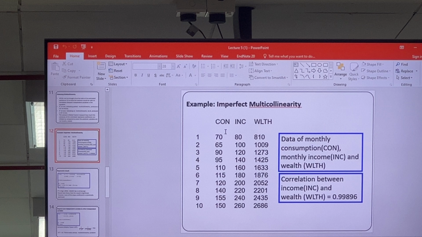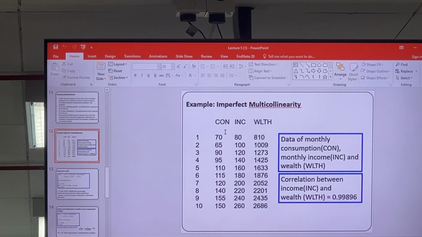So before we estimate, we already have in our mind whether it is supposed to be positive or negative. If you're not sure, you can refer to the theory, or you can check the previous studies to see what the relationship between the dependent variable and independent variables is supposed to be.